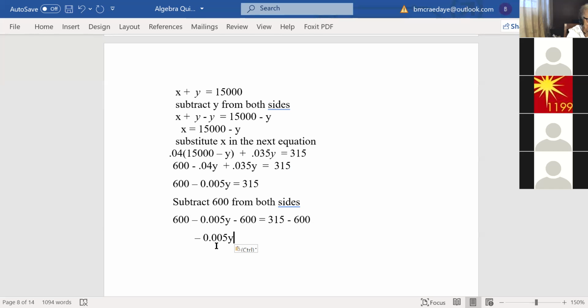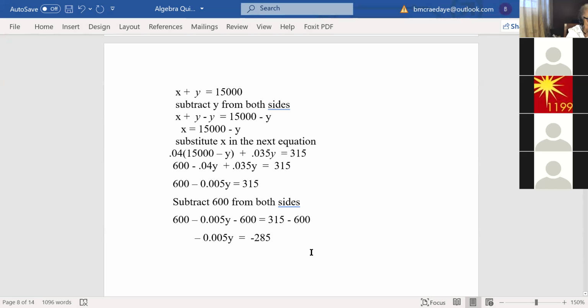So what I have remaining on the left side is minus 0.005y. What do I have on the right side? What's 315 minus 600? Negative 285. Okay, now how do I solve for y?